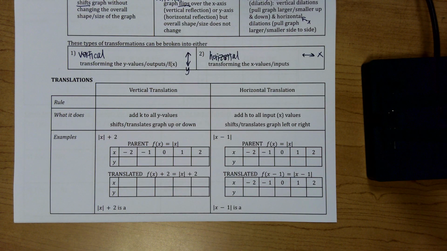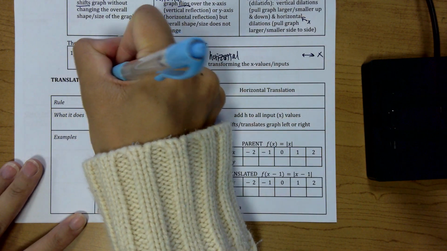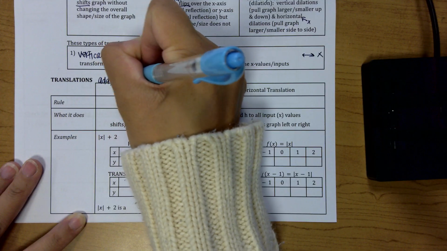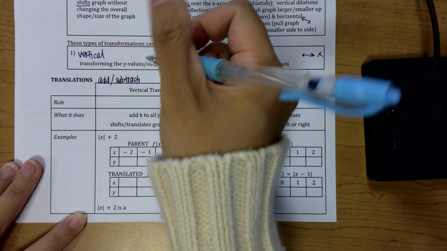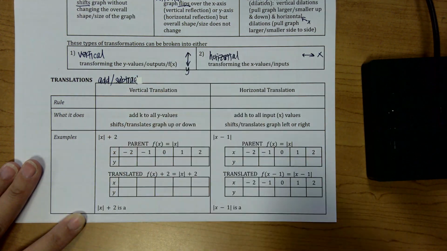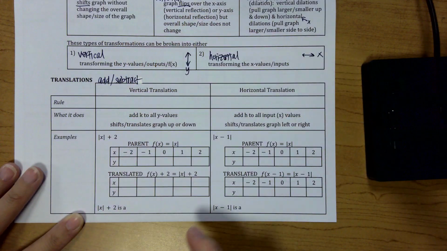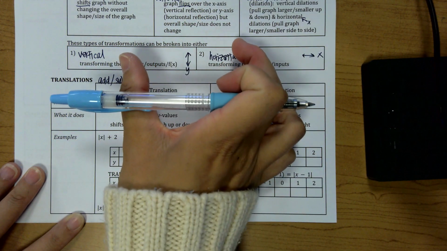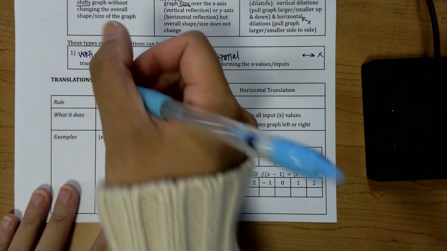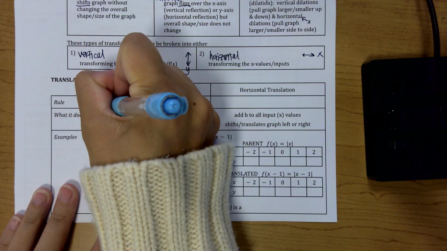So translations are when you are adding or subtracting. Oops, add or subtract. And what you're doing at this point is you are taking a shape and you're just adding numbers, move it up, subtracting to go down, right? So the rule is f of x.